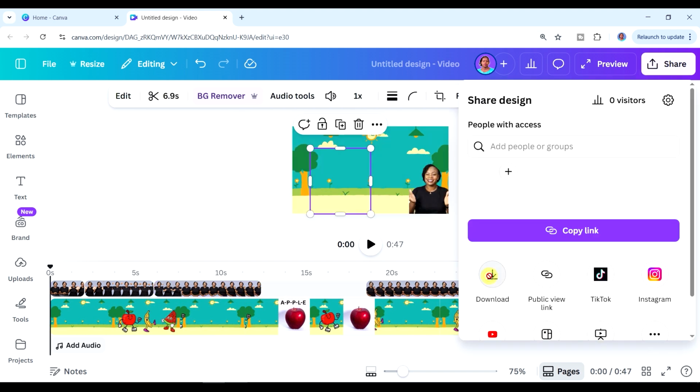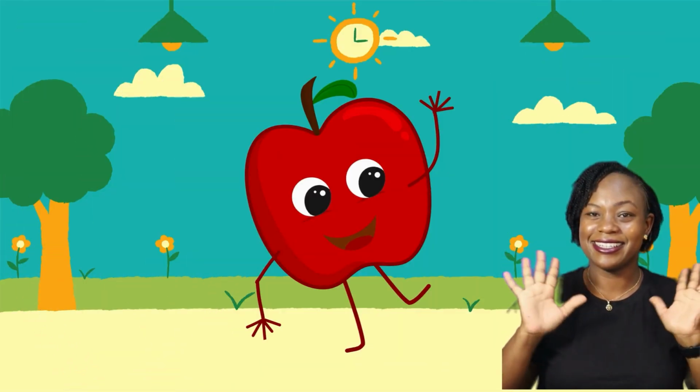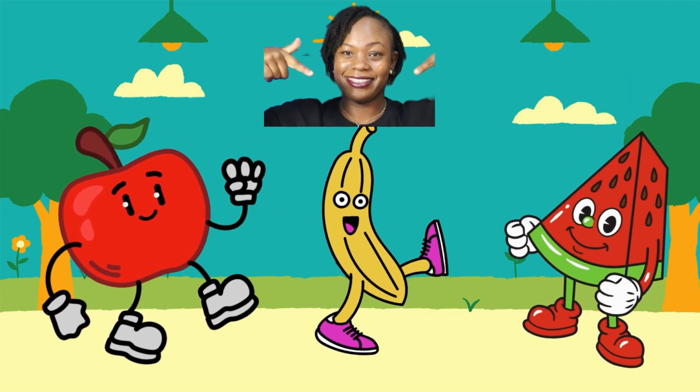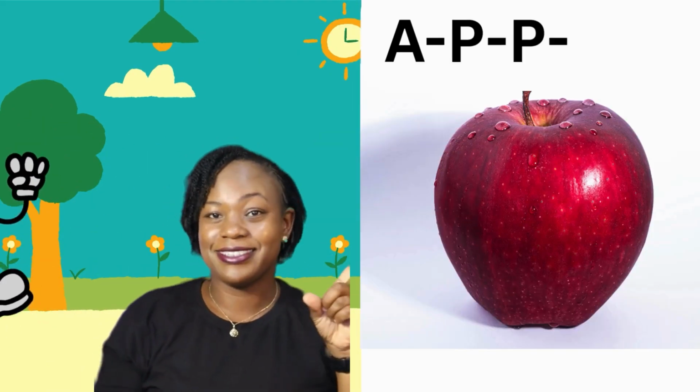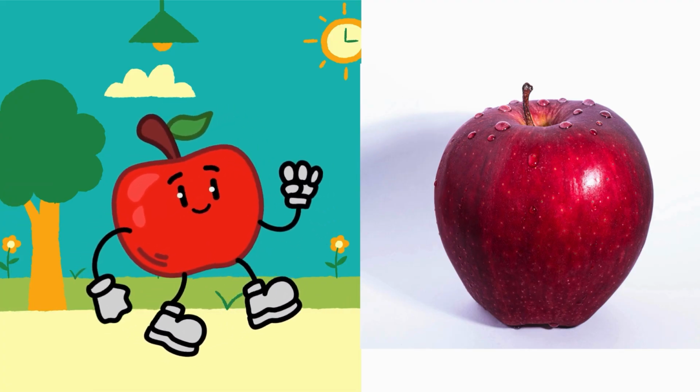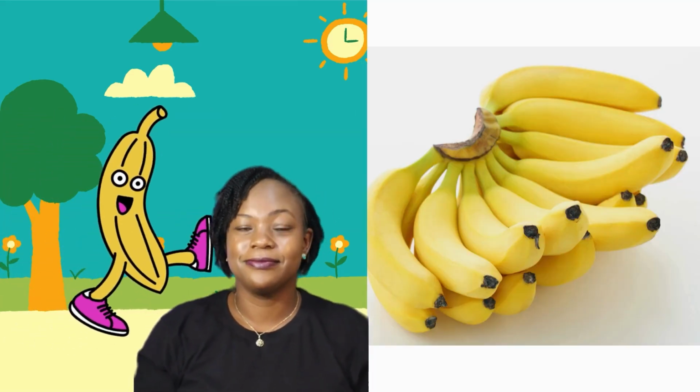This is what the final video looks like. Hi there! Today we are going to meet some very colorful friends. Are you ready? Let's go! First up is Apple. A-P-P-L-E. Apple is bright red and very crunchy. Can you make Apple bounce? Next, say hello to Banana.